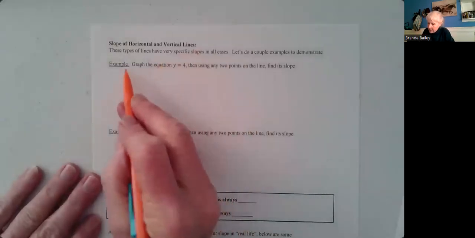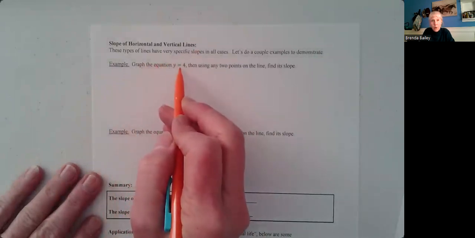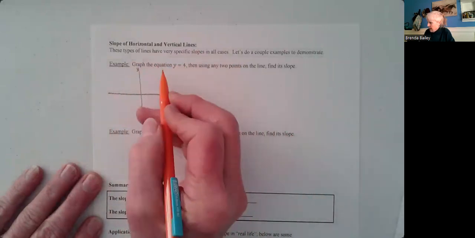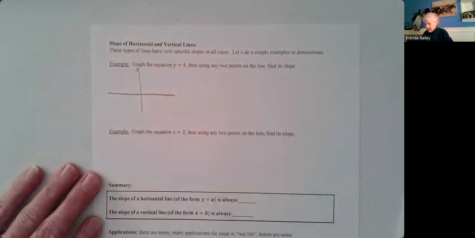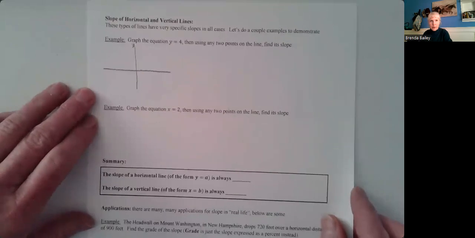Well, let's look at this first example. Graph the equation y equals 4. So this is a good review of our last section. We're going to go on the y-axis, which is right there. We're going to go to 4. I'm going to put something underneath this because it's a little bumpy. Make sure it's focused.